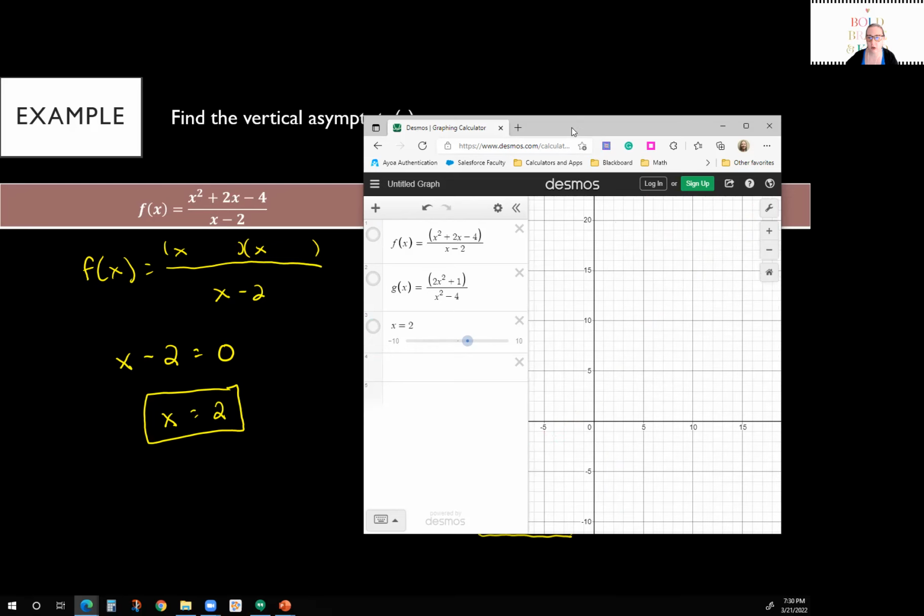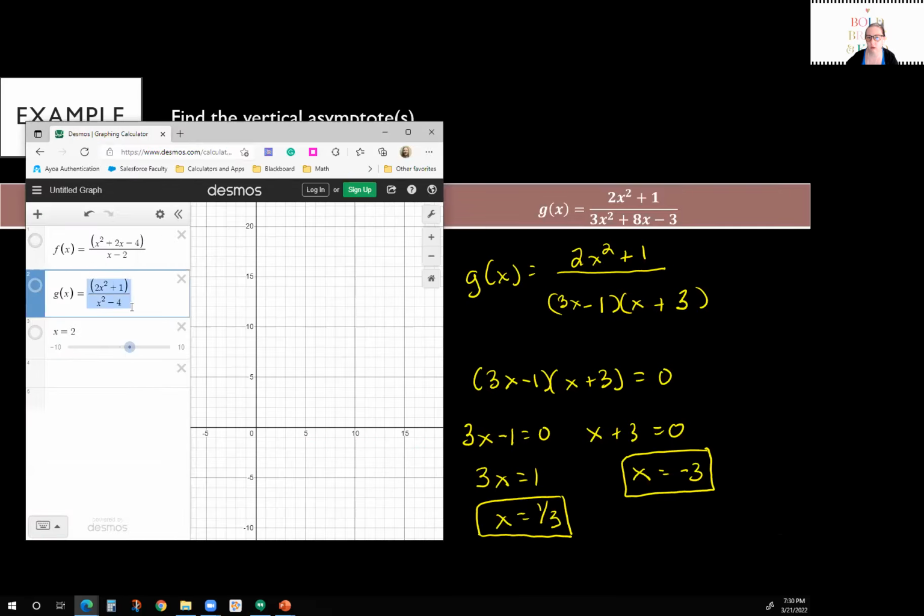So let's check our other one. Got (2x squared plus 1) divided by (3x squared plus 8x minus 3).